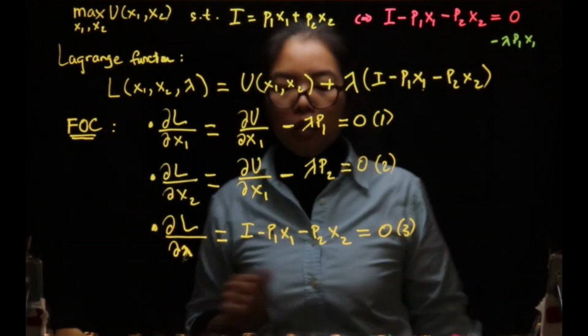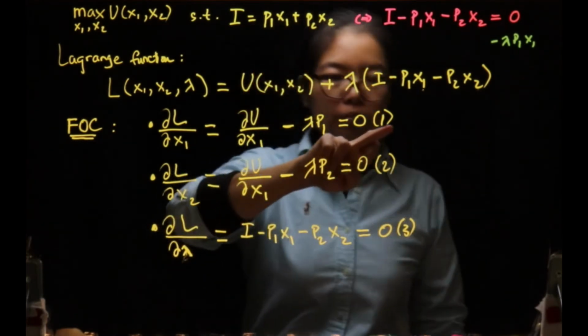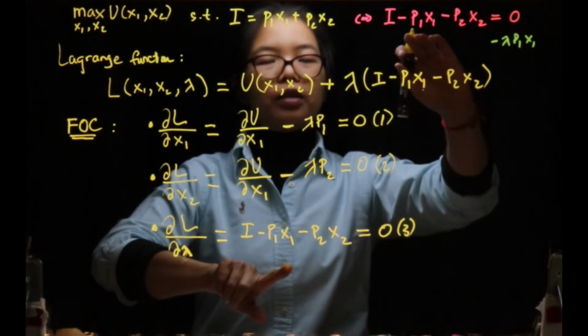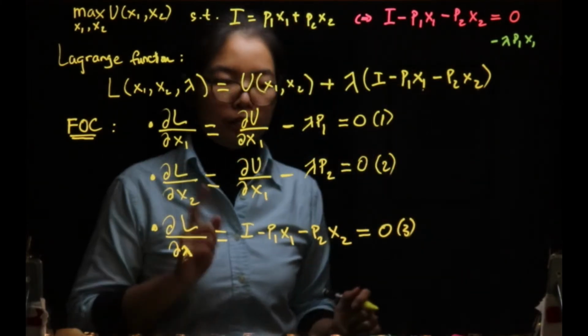This is the third first order condition, and it is saying exactly the same thing as the budget constraint. Remember that?